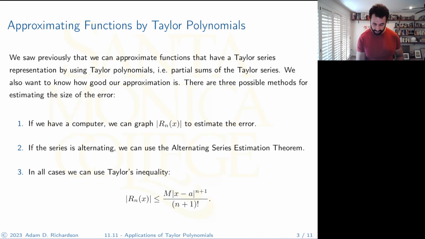If we have a computer, we can graph the size of the residual to estimate the error, basically have the computer graph that series. If your series is alternating, you might be able to use the alternating series estimation theorem, and you'll know that you can always get a bound on the error by looking at the size of the first neglected term. And then in all cases, we can use Taylor's inequality.